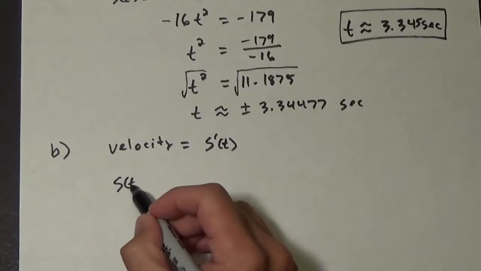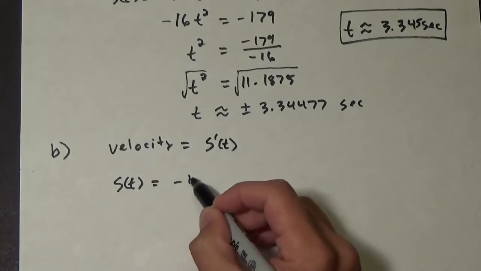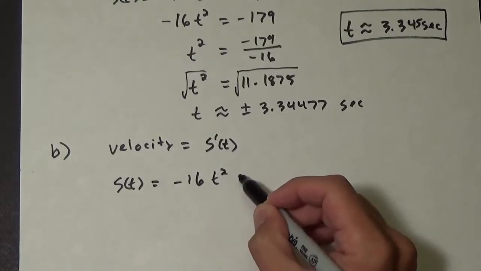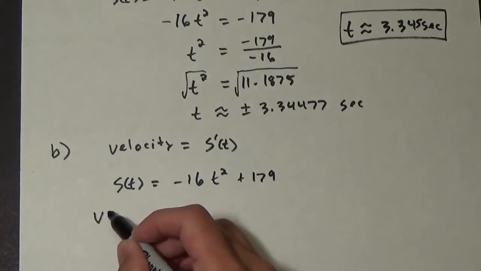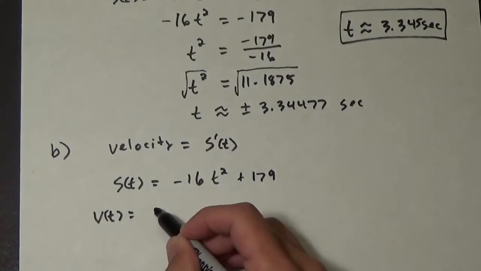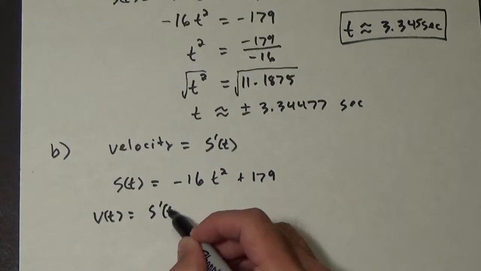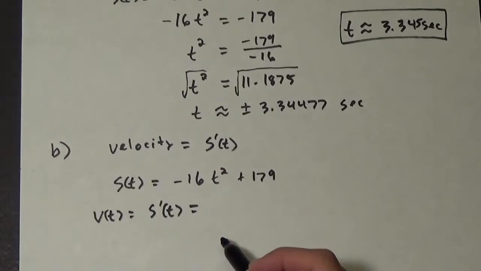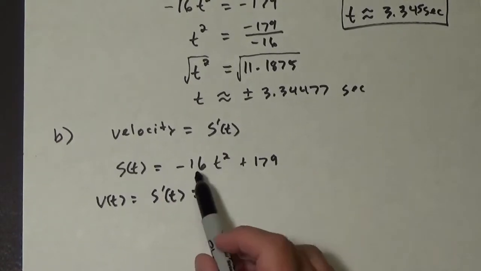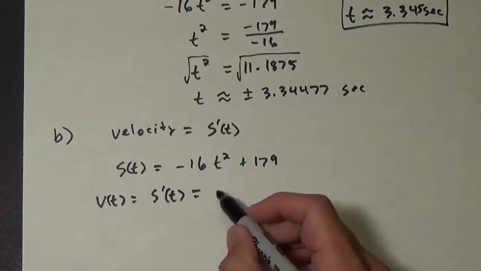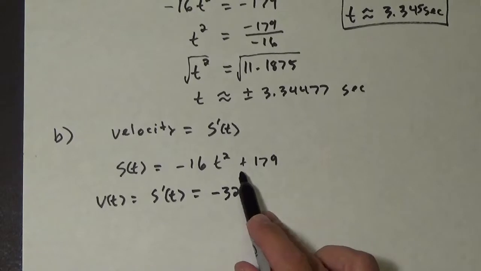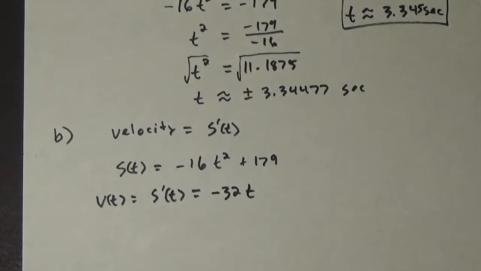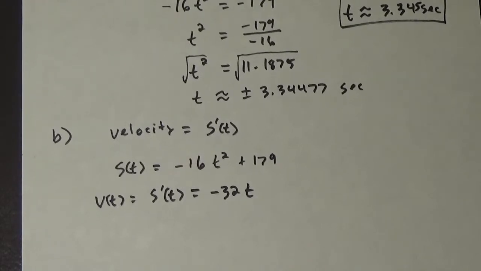So if s of t equals negative 16t squared plus 179, then our velocity, which is the derivative of position, is going to be negative 16 times 2, which is negative 32t, and then the derivative of 179 is 0. So here's our velocity function.